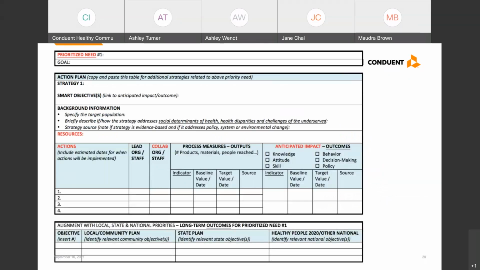There are many ways to effectively collect data and track your plan. You can use spreadsheets, Excel documents, or you can use a strategy tracking software. Here's an example of a document that allows you to track some of the things we just talked about: the prioritized need and goal, the action plan, including objectives, strategies, activities, and responsible parties, and progress on outputs and outcomes.